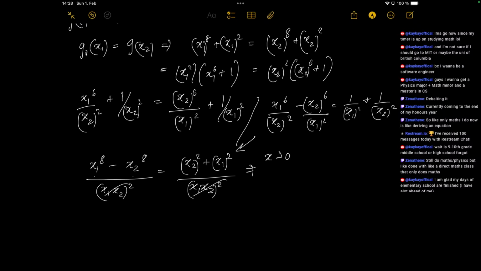X greater than 0. Boom. Then if x1 equal to x2, then this would be 0.